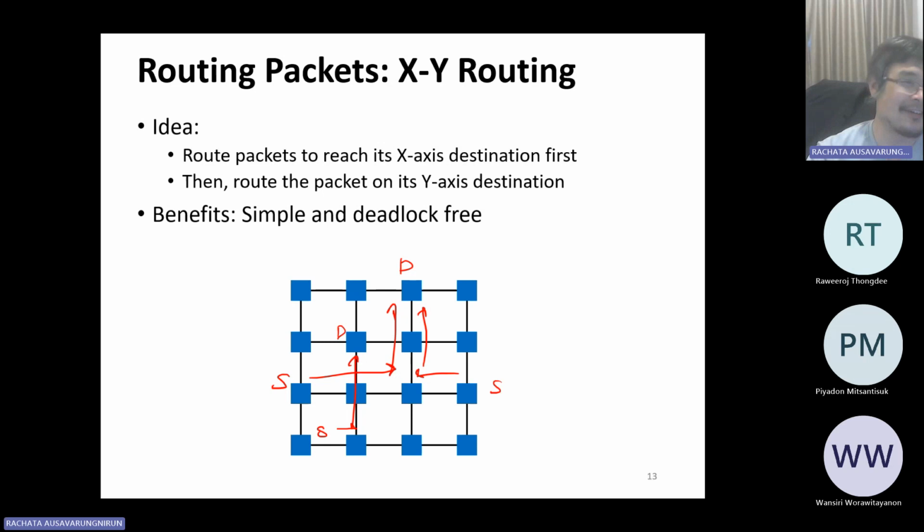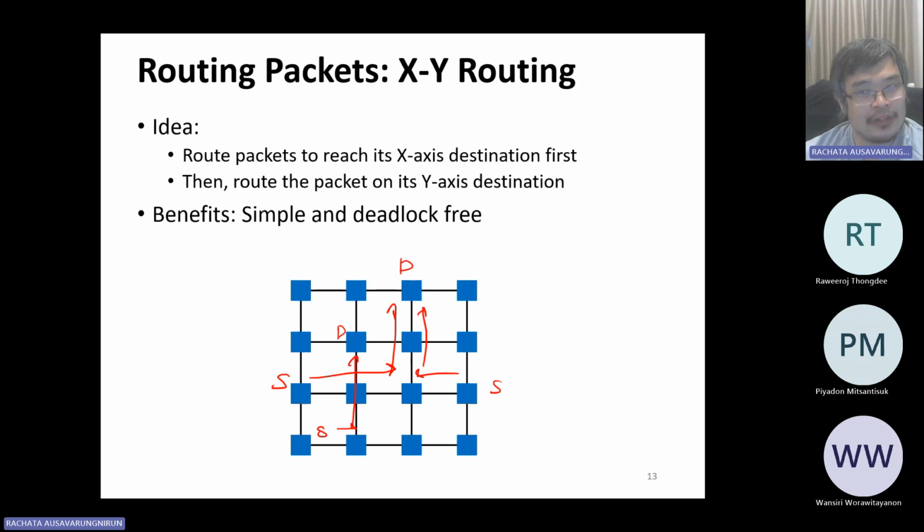And it's deadlock free. It's a deadlock free design because you will always drain your packet. If there's enough buffering, XY routing will always drain the packet. It means that you will make forward progress.